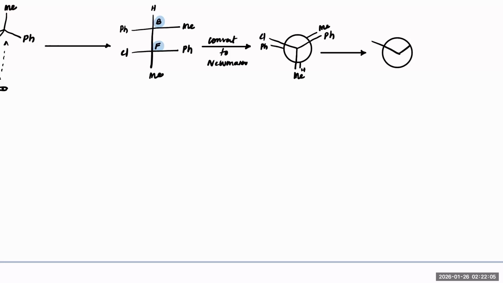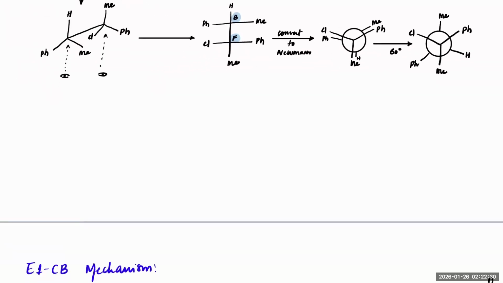So phenyl, chlorine, and methyl here, and rotate the back side by 60 degrees. As you rotate 60 degrees, hydrogen will come here, phenyl will come at this position, and methyl will come at this position.